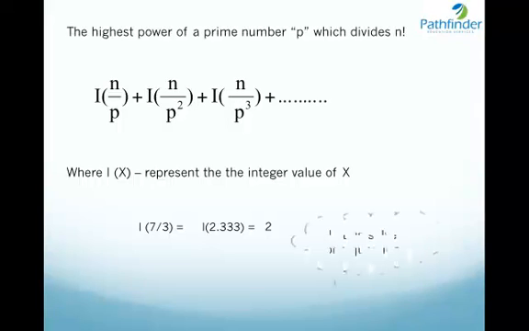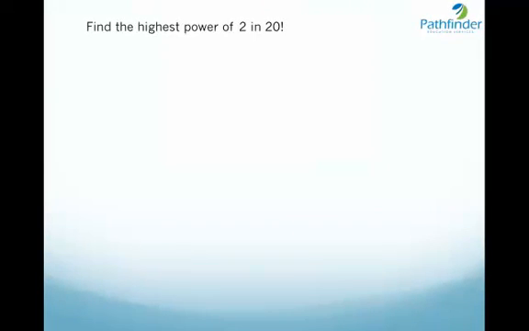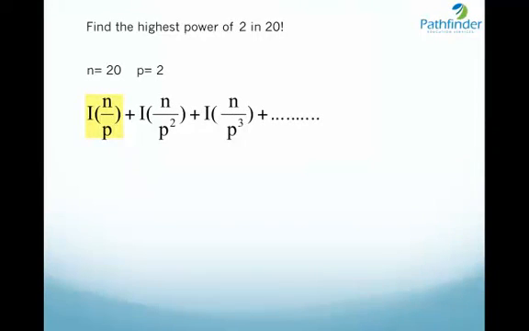Now let us solve one question which utilizes this formula. Find the highest power of 2 in factorial 20. It's a very simple formula where n is equal to 20 and p is equal to 2. So the highest power of 2 in factorial 20 can be calculated as I(n/p) + I(n/p²) + I(n/p³) and so on.